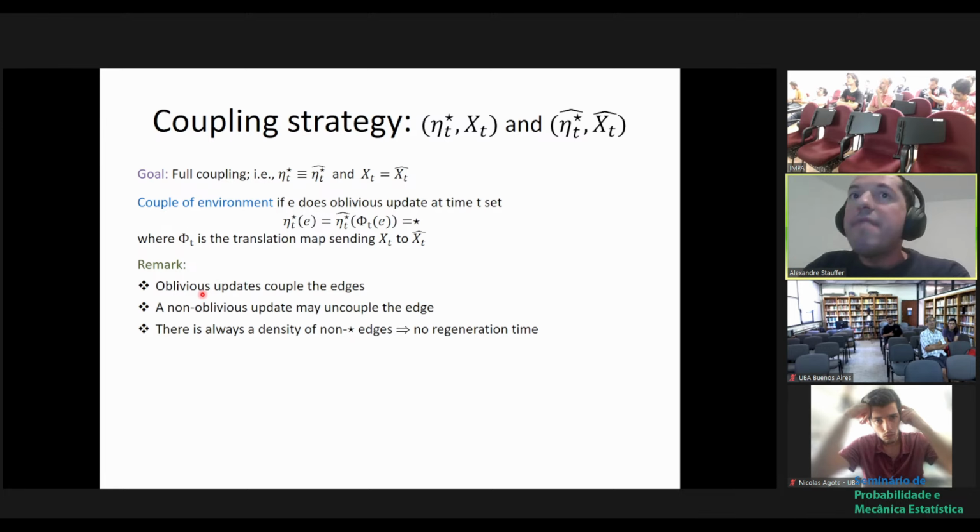So they really couple the environments in believers updates, while non-believers updates, of course, could uncouple the environment. And as Hubert was questioning, we always have a density of non-star edges because the probability of doing a non-believers update is just constant. It's maybe small, but it's constant.